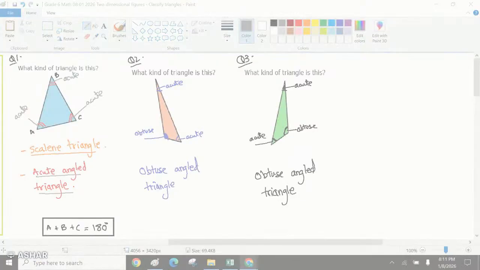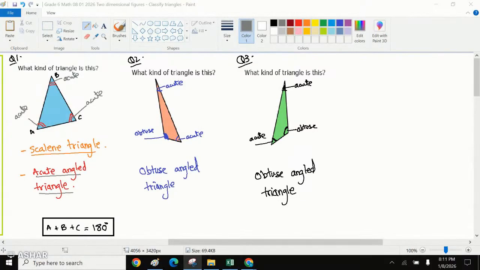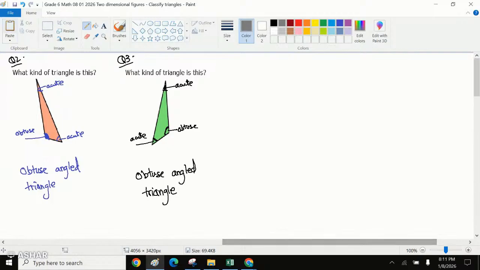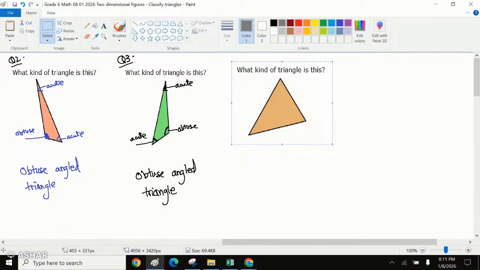So in question number 4, let's see whether it's acute or obtuse. What kind of a triangle is this? Can we say all these angles look acute, right? This angle is acute.